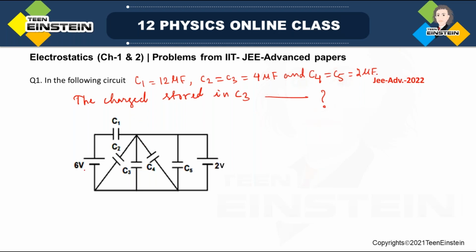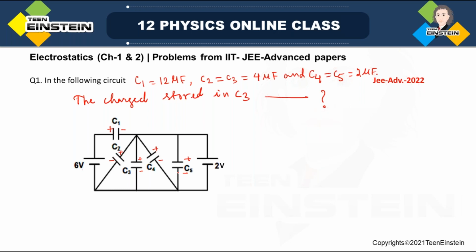Whenever you have such 2 batteries and you have to do the analysis, we always take the dominating battery and see the plates directly connected to it, and take them as positive. In that way, this is positive, this is negative, this is positive, this is negative, and so on.